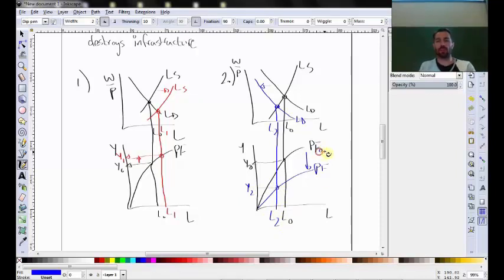Our production function shifted from PF0 to PF2. So LD from LD0 to LD2. And our labor supply shifted from LS0 to LS1. Okay.